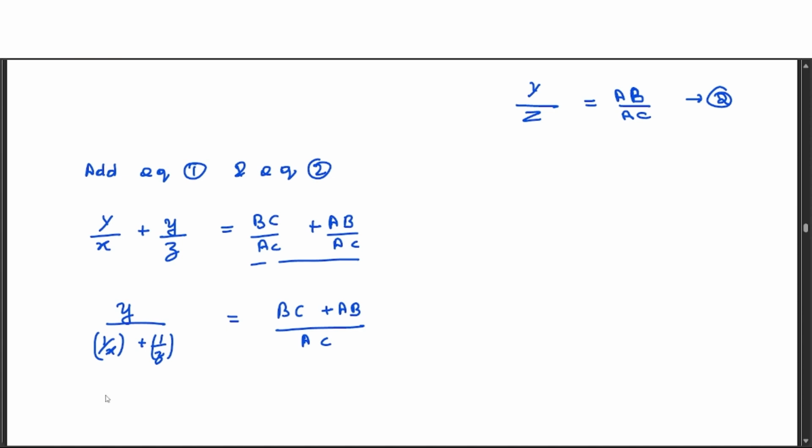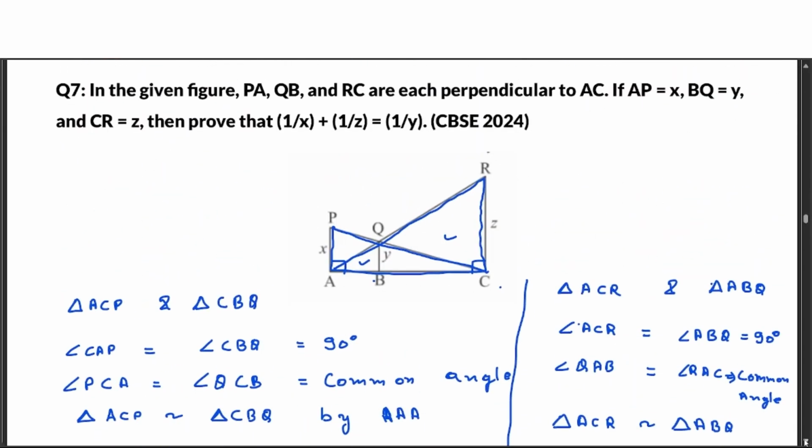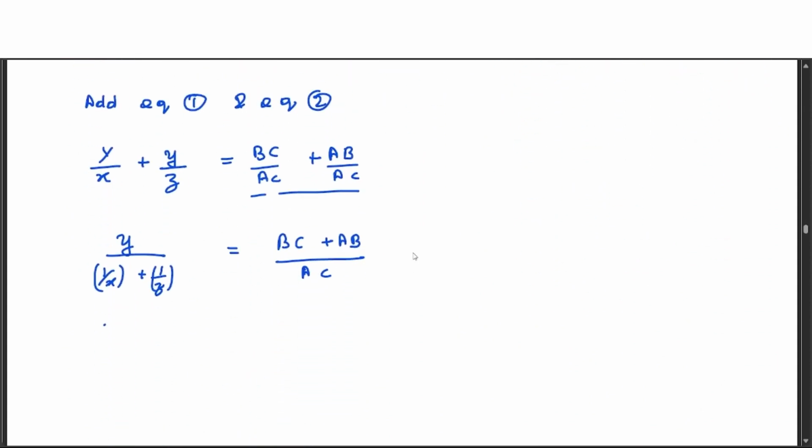BC plus AB, you will get AC. So in this one, you will get AC over AC, so AC will get cancelled. So now you can write y times 1 over x plus 1 over g is equal to 1.